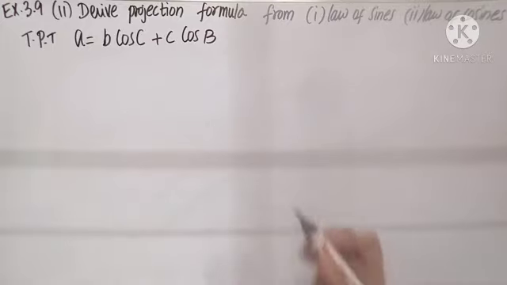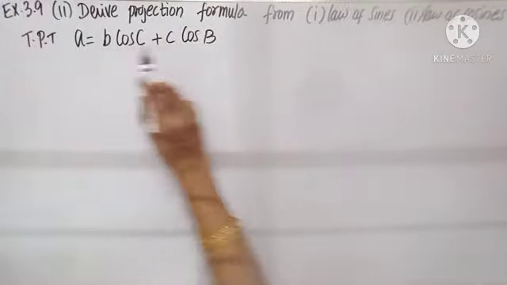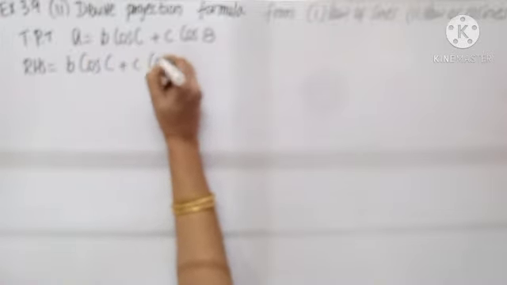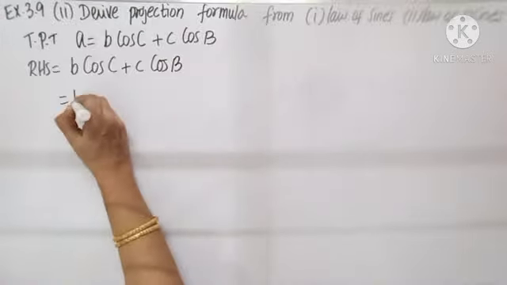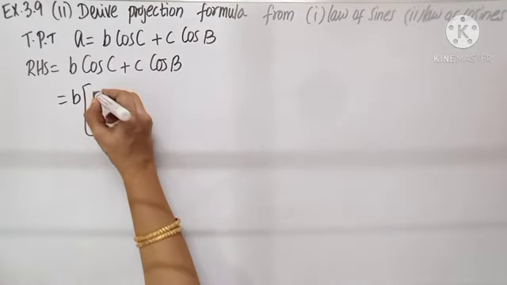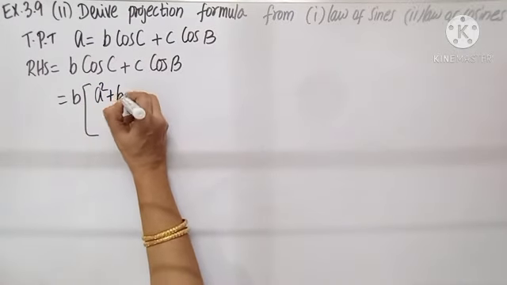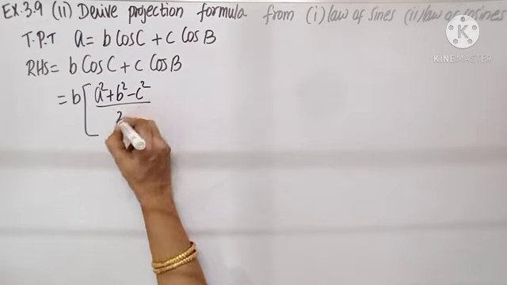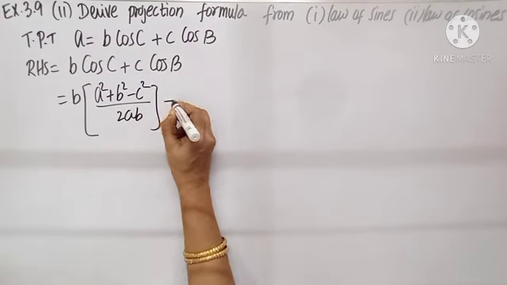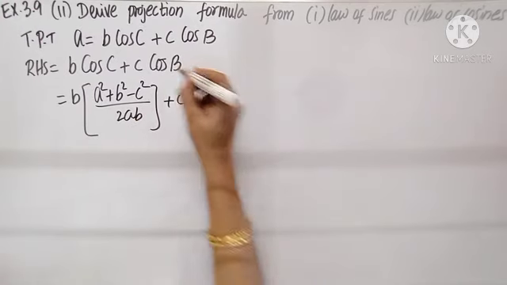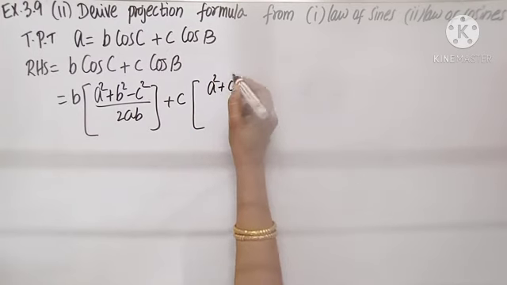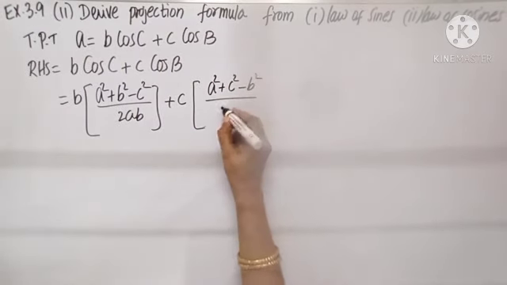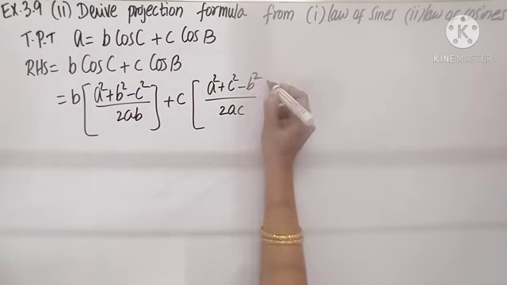Second subdivision, we are going to prove the projection formula using the law of cosines. Take RHS, that is b cos C plus c cos B. Remember the cosine formula. Cos C is (a square plus b square minus c square) by 2ab, plus c into cos B, which is (a square plus c square minus b square) by 2ac.